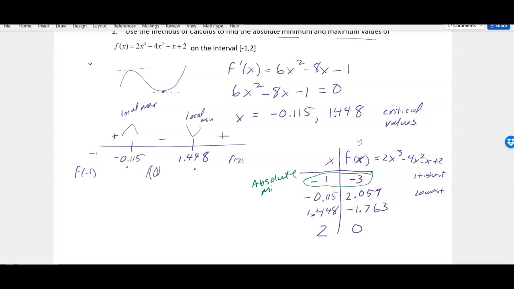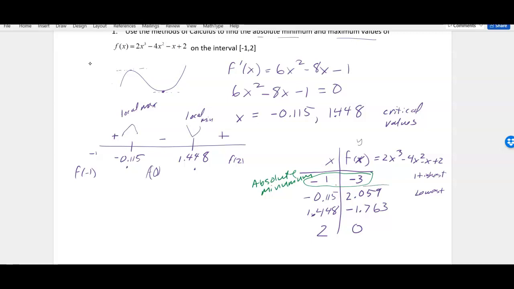That is my absolute minimum. If you graph this, you will see that at x equals -1, you get y equals -3, and that's the lowest point you'll see in the graph if you only look from -1 to 2. And then I look for the highest value. Well, it's not negative. I got a 2.059. There is no positive number for y higher than 2.